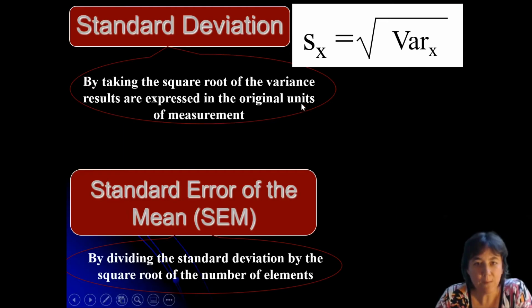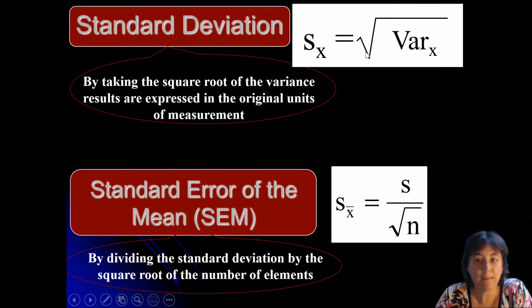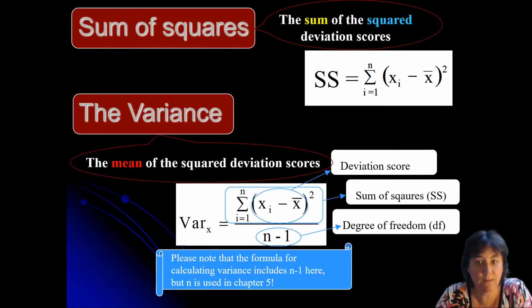Okay, once we have the variance, we can take the square root of variance and thus arrive at the standard deviation. Why do we do that? Because when we're talking about variance, the actual numbers, for example milliseconds, become milliseconds squared as a result.